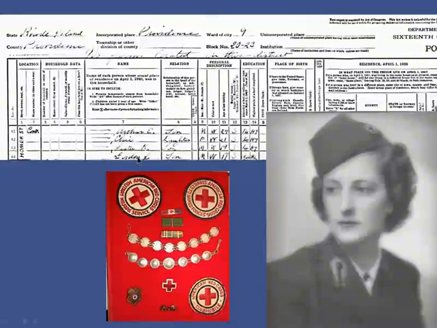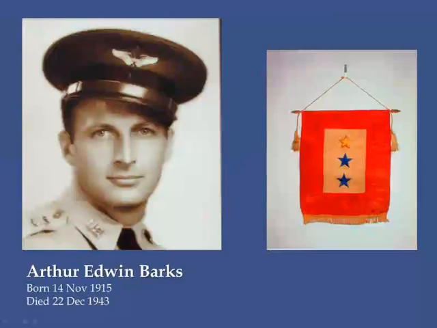But Arthur E. was kind of an interesting person. Arthur Edwin Barks earned his mother a gold star. He was killed on December 22nd, 1943, on a flight back to England after a bombing mission over Bremen, Germany. His body was jettisoned into the North Sea to lighten the load of his crippled plane.